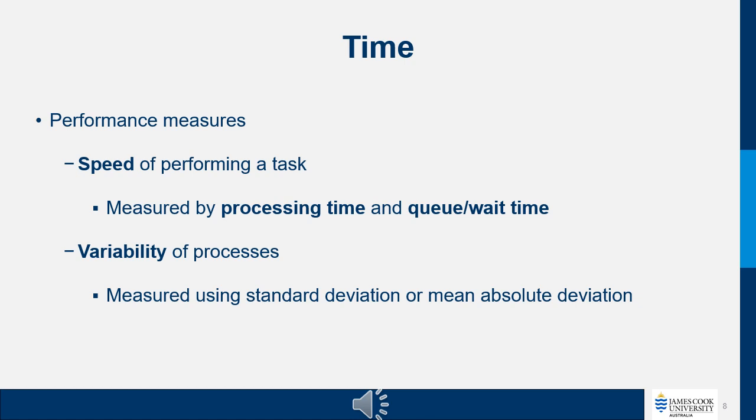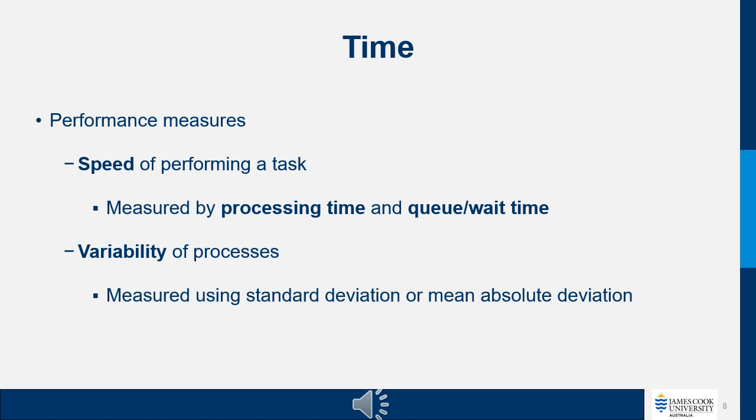Variability of the processes. So this dimension examines the consistency and predictability of the process over time. It evaluates the degree of variation or fluctuation in the time required to perform a task. Variability is often measured using a statistical measure such as the standard deviation or mean absolute deviation.